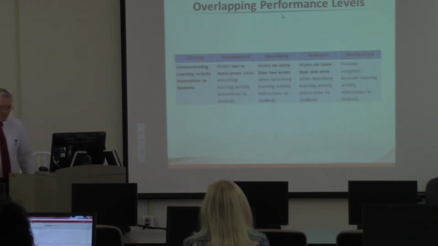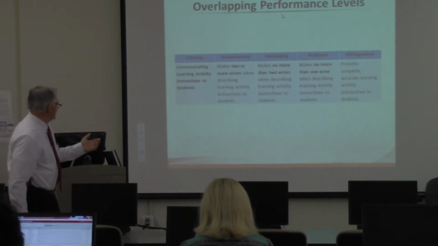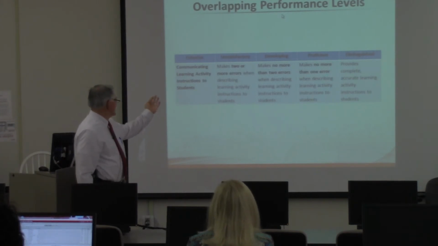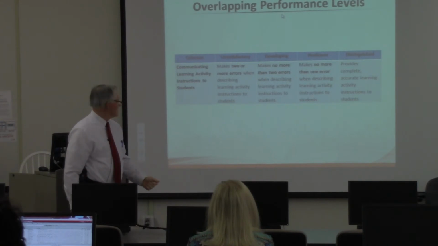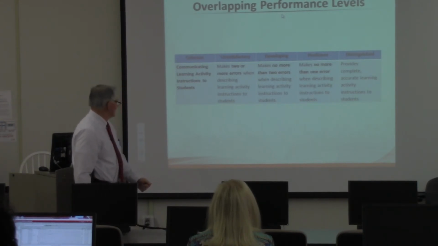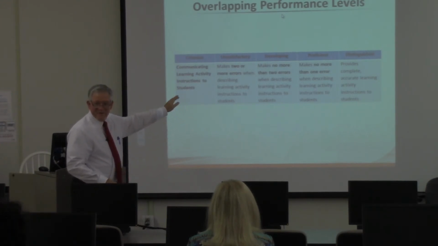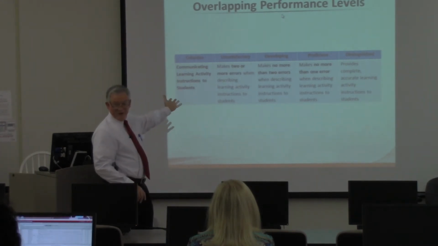Overlapping performance levels. In the bold print, the unsatisfactory makes 2 or more errors when describing activities. Developing makes no more than 2 errors. Okay? You already see the discrepancy there? No more than 2. They may have 2 and be developing, but they got 2 that are unsatisfactory also.